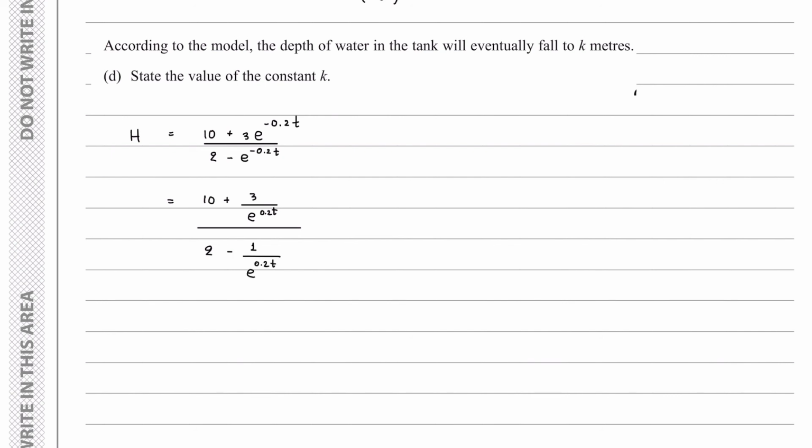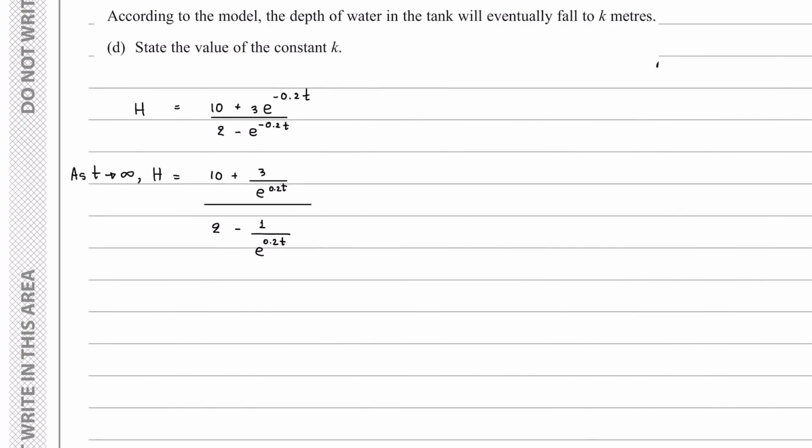We change from negative index to a positive index. As t approaches infinity, this term is very big, so is this term. When 3 is divided by a very big number, the whole thing tends to 0. Same here: 1 divided by a very big number, so we can assume that this one is 0.